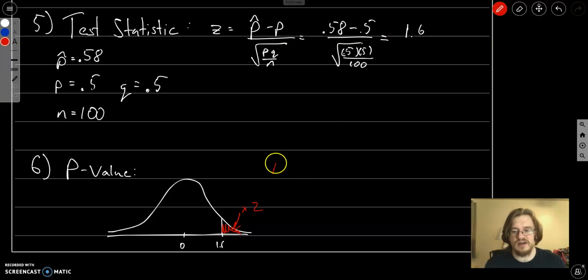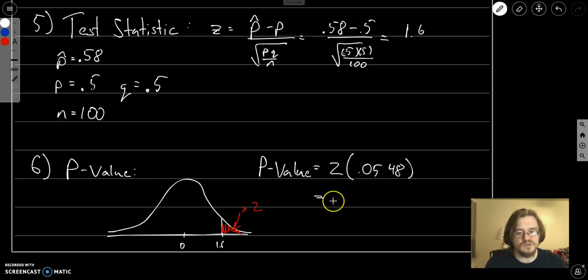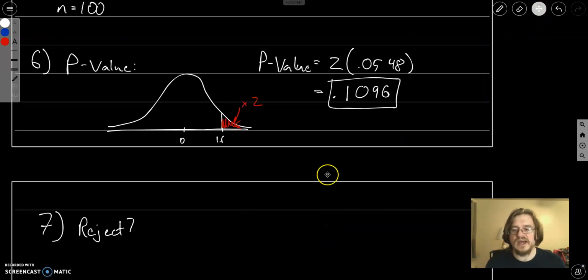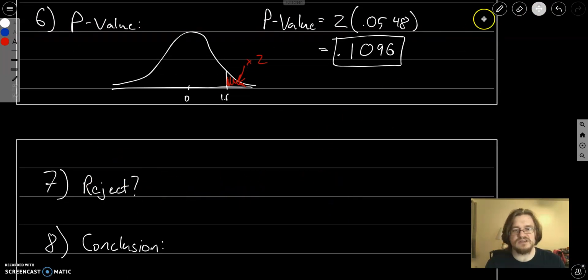So our p-value is going to be equal to twice 0.0548, which will be in fact 0.1096. So here's our p-value. Cool.